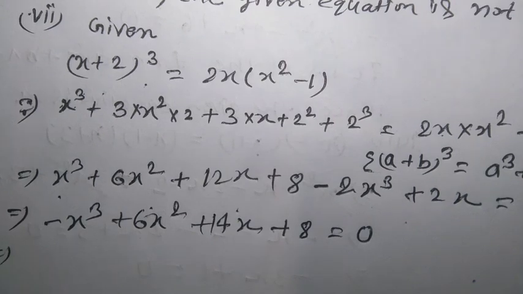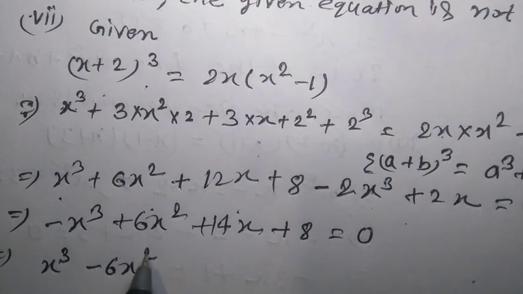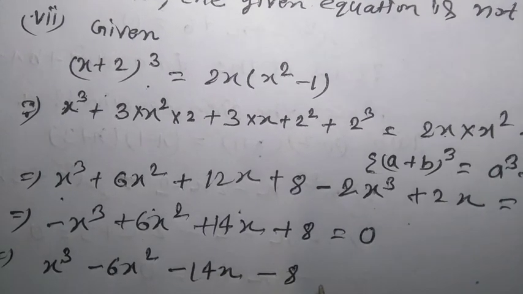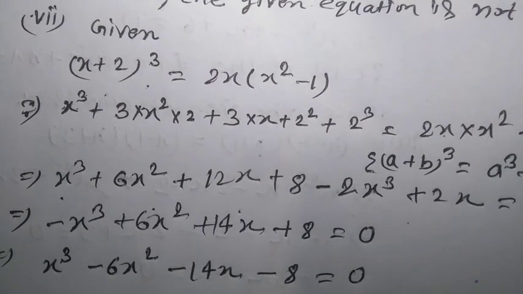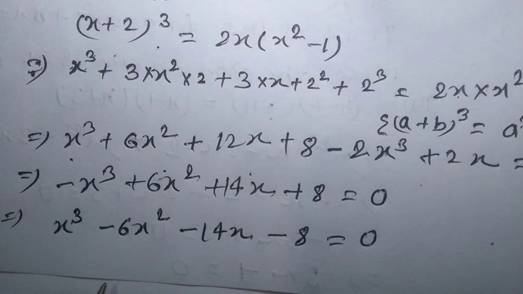Now I am going to multiply minus 1 on both sides, then we get x cube minus 6x square minus 14x minus 8 is equal to 0. Now this is not in the form of ax square plus bx plus c is equal to 0, therefore the given equation is also not a quadratic equation.